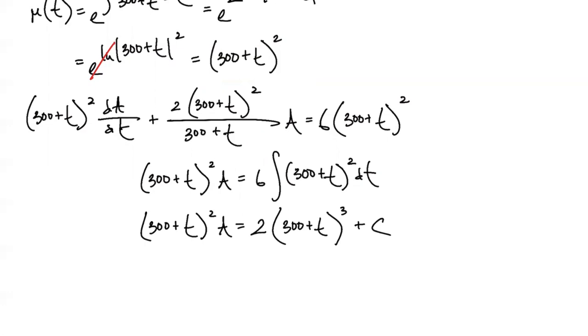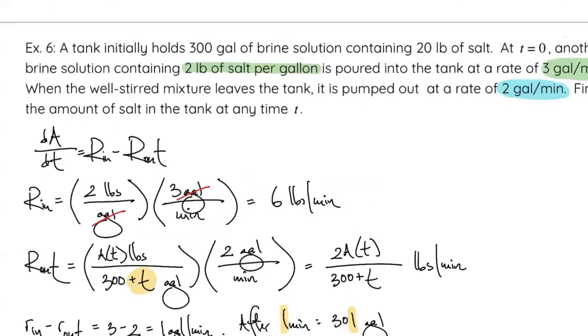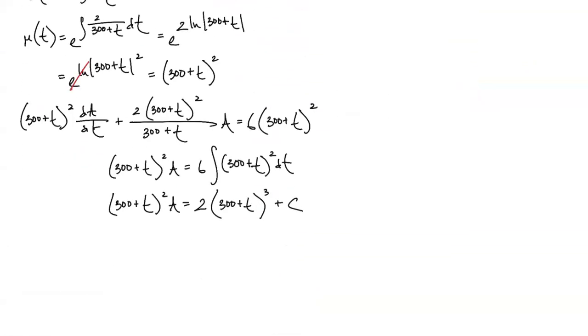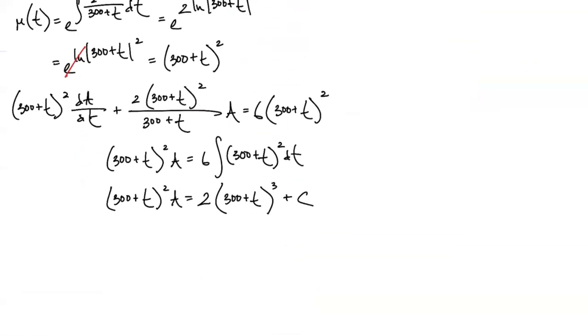All right, now we've got to find our initial conditions. So let's go back up and read our problem again. Initially, what do we have? 20 pounds of salt. Well, how do we write that as an initial condition? At time 0, we have 20 pounds of salt. So (0, 20). I'm going to go back down to my solution. I'm going to plug in 0 for t and 20 for A, and we're going to solve for C. I should probably divide here first.